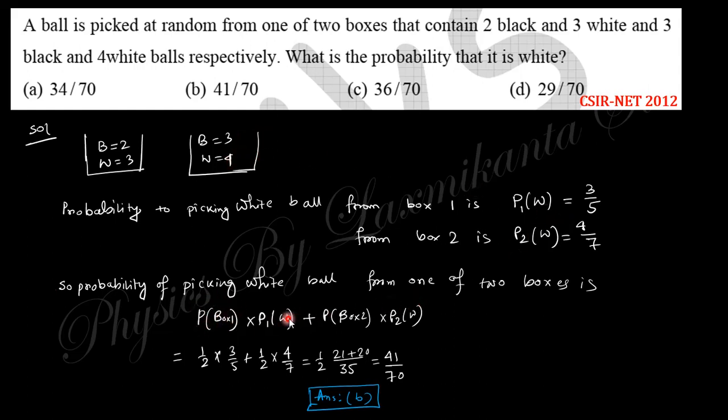If you take from box 1, the white ball probability will be 3 by 5, there is 3 white and the total is 5. And if you take box 2, there will be 4 by 7. Just put in these values and you can easily find out the calculation. Okay, so I think it is clear.